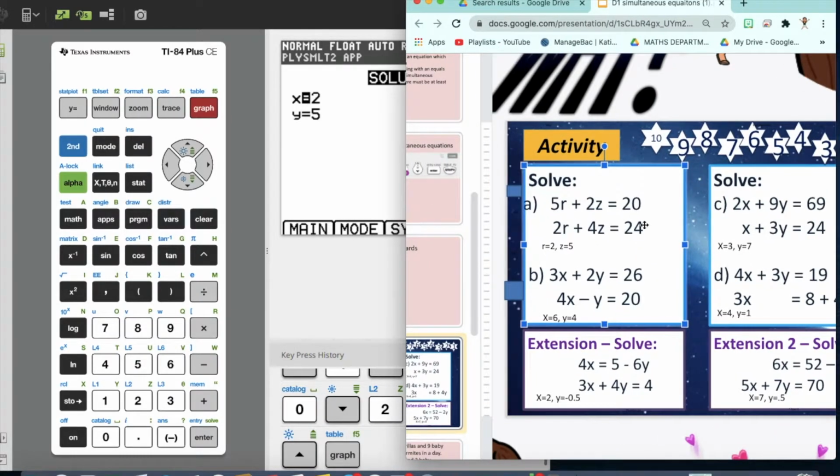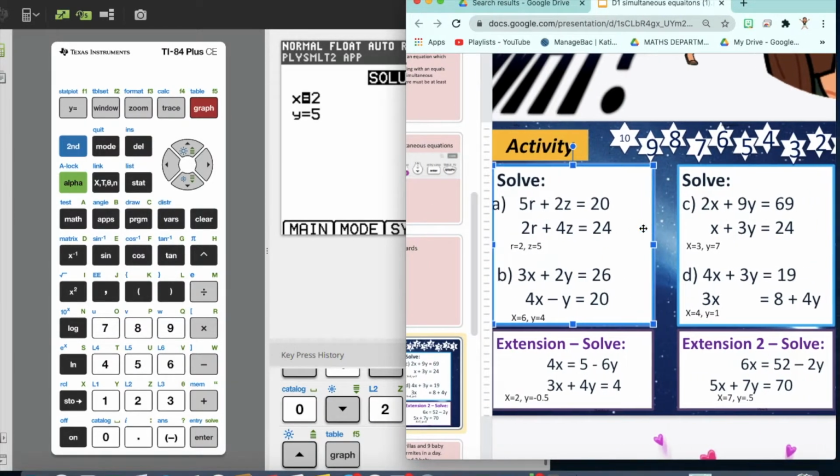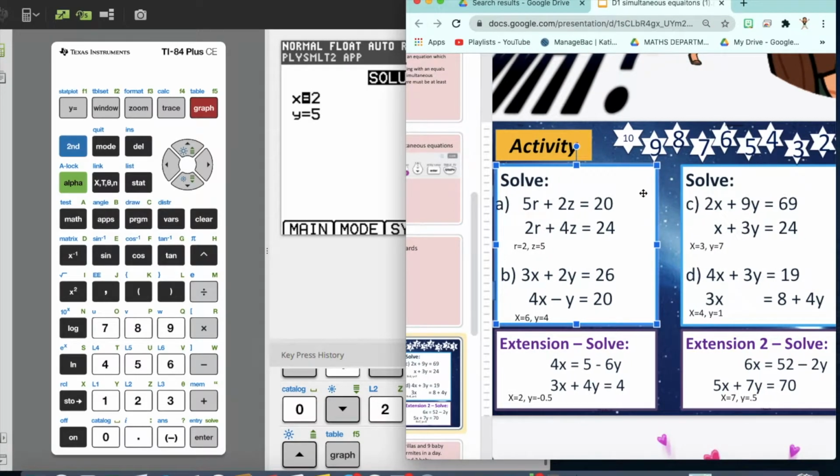Now, I'd like you to have a go at the rest of the questions on the screen. We have B, C, D and two extensions. Before you continue, I'd like you to have a think about how we are going to solve a question such as extension 2. Welcome back. Hopefully you noticed that these are not in similar formats, so you have to rearrange it so you have the x's and y's, or the unknowns, on the same side and the number on the other side.